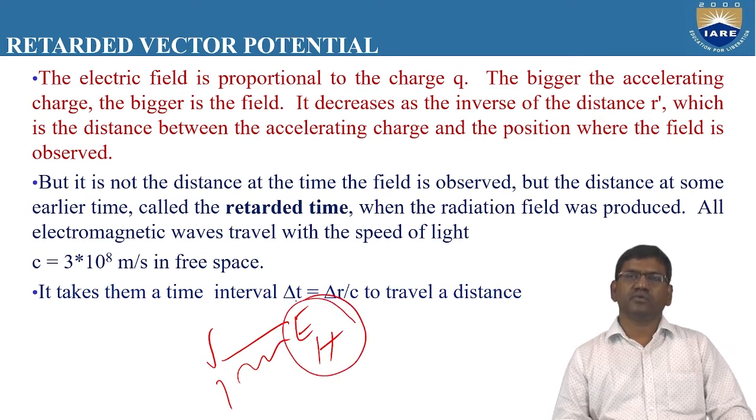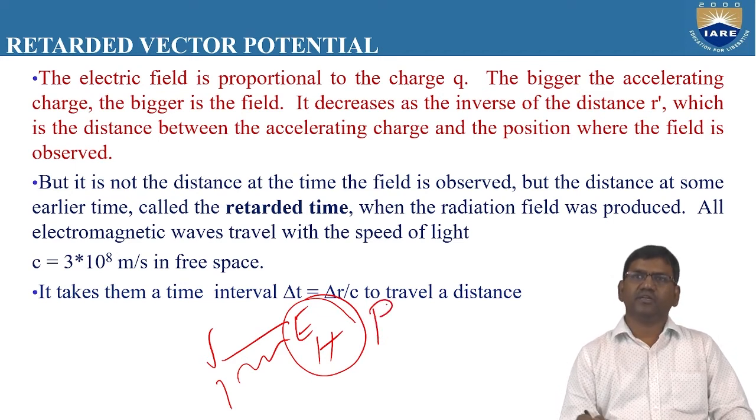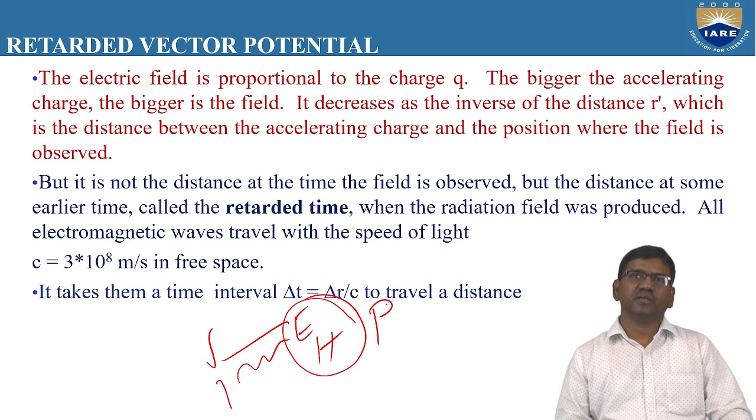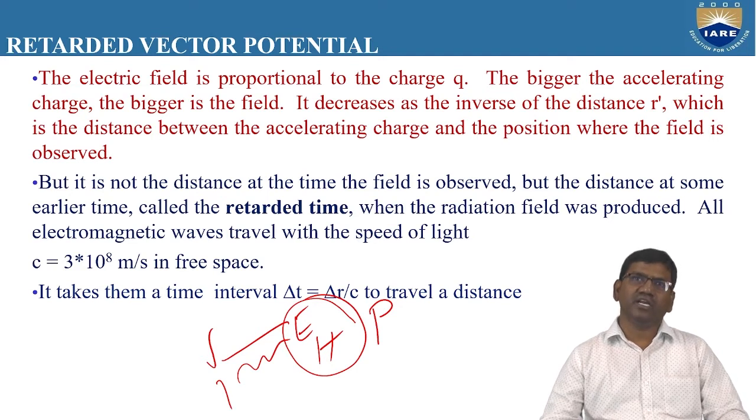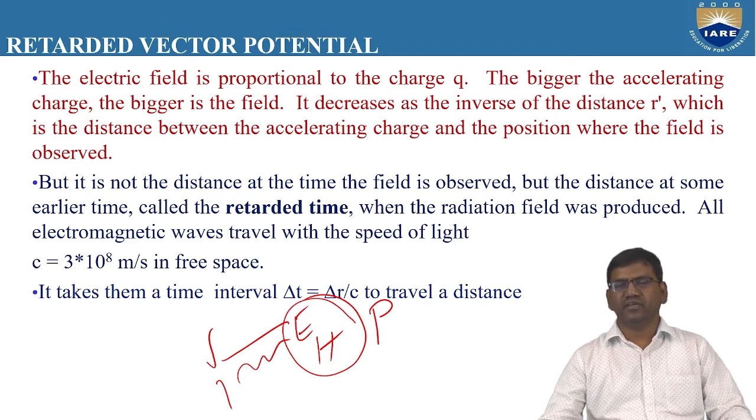The potentials of the electric and magnetic fields at a distant point P are called retarded potentials. So in order to calculate the electric field and the magnetic field, first we need to find the electric potential and the magnetic potential.